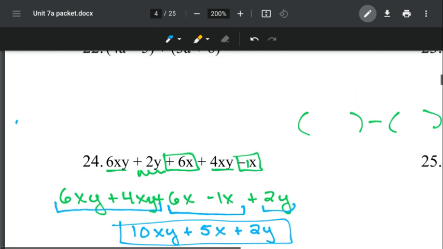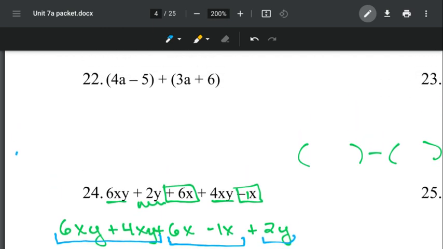Now let's move up to 22. It's got parentheses, so I automatically look in between the parentheses and I see there's a plus sign. So really, it's the same idea as problem 24. There's just parentheses there. So I'm going to put my like terms next to each other. 4a plus 3a.